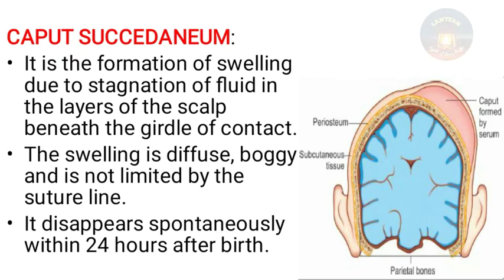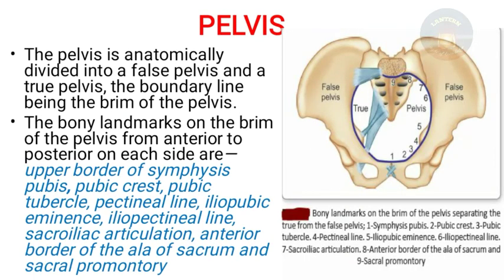Next is about the maternal pelvis. The pelvis is anatomically divided into false pelvis and a true pelvis, the boundary line being the brim of the pelvis. The bony landmarks on the brim of the pelvis from anterior to posterior on each side are upper body of symphysis pubis, then pubic crest, pubic tubercle, pectineal line, iliopubic eminence, iliopectineal line, sacroiliac articulation, anterior border of ala of sacrum and sacral promontory.